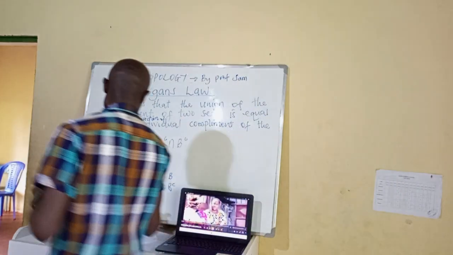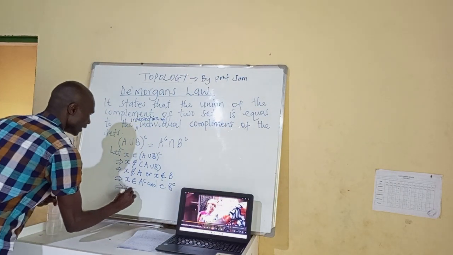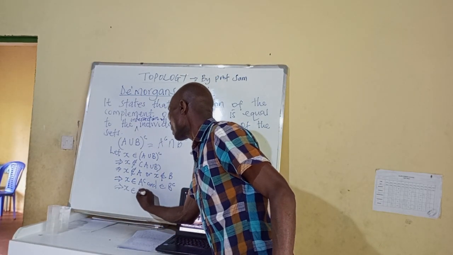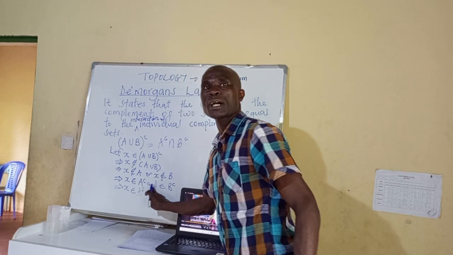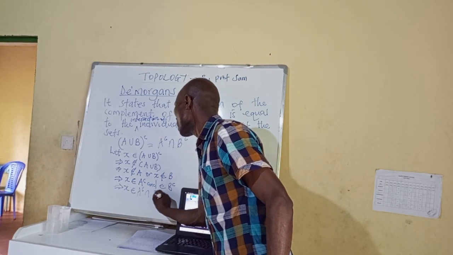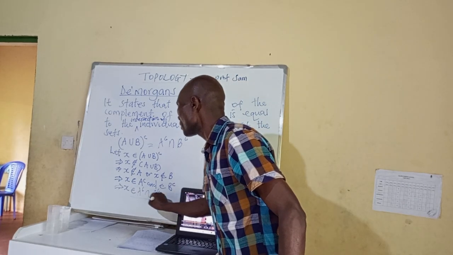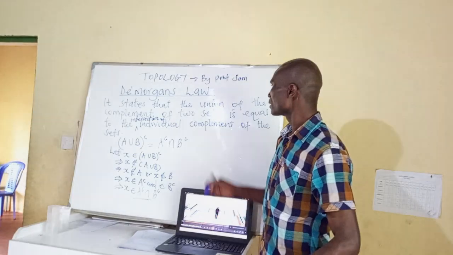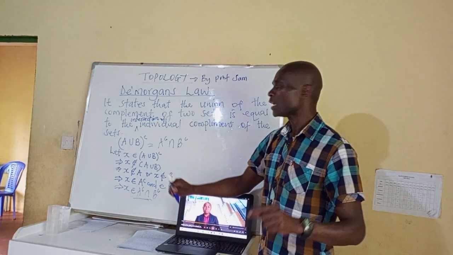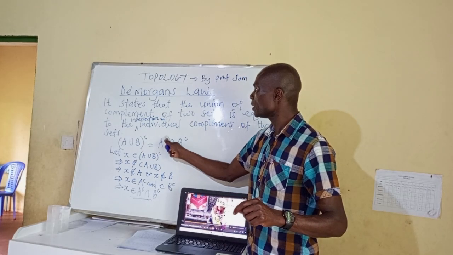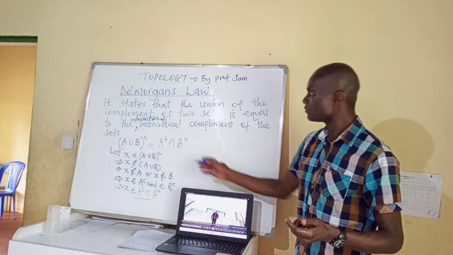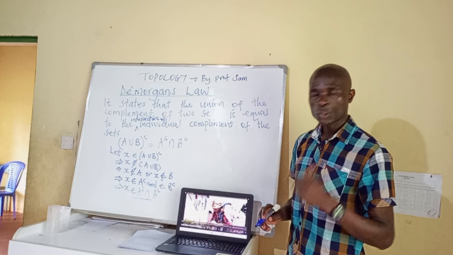So in this case, we shall say x is an element of A complement, and because we have and here, we say intersection B complement. And what have we done? We have proved that A union B complement is the same as A complement intersection B complement. Perfect. We've done it.